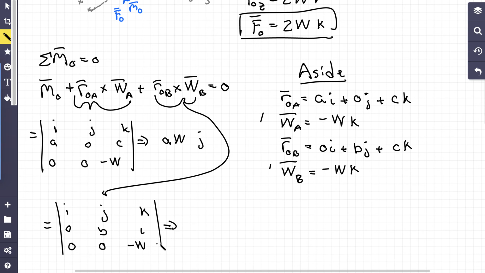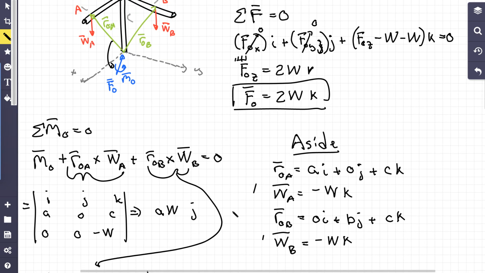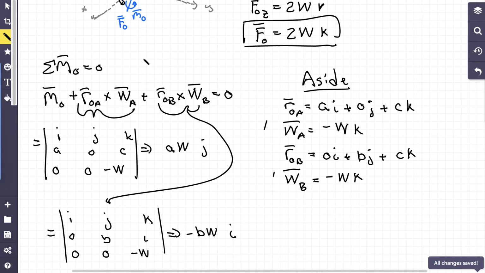It's a j cross a k, so you know you're going to get an i. Anytime you cross a j times a k, you get a positive, but in this case we have a negative W, so it's going to be negative B W in the i. So let's look at what that looks like. Crossing R with B, visually it goes in the negative X direction, or negative i direction. And that's what we have.